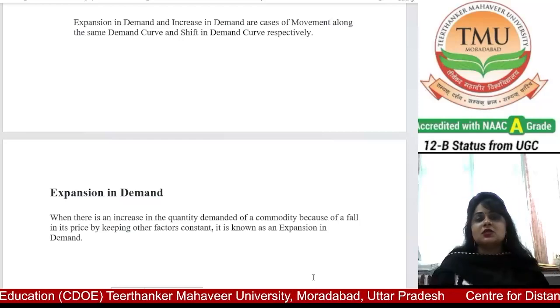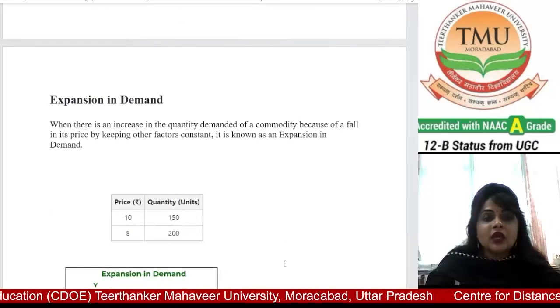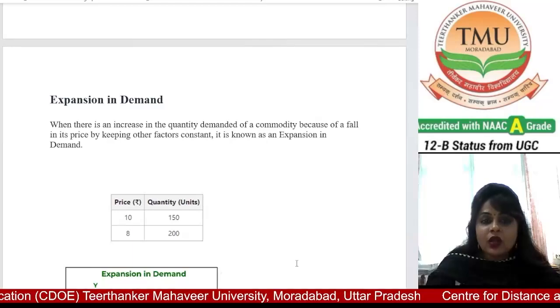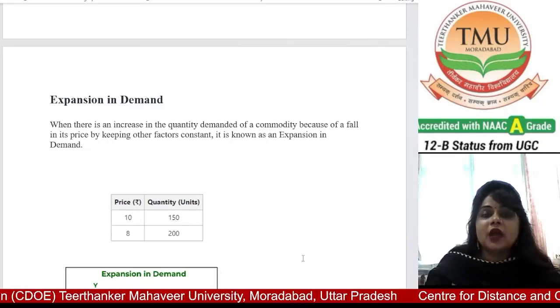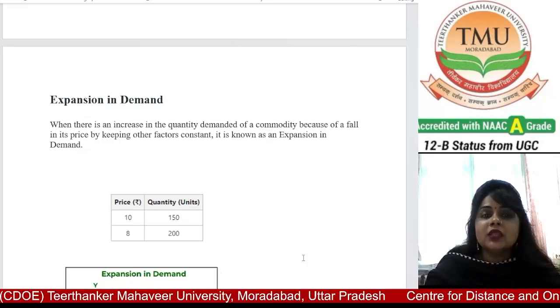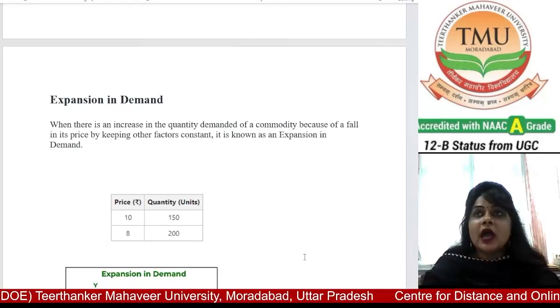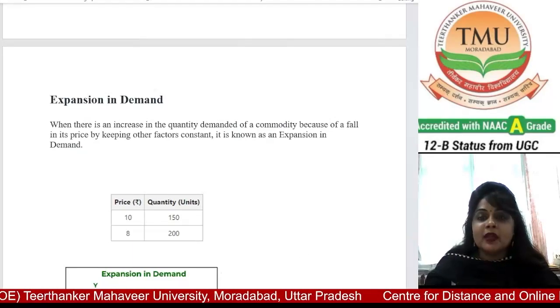In simple terms, the demand for a commodity rises because of a fall in its price. Expansion in demand results in a downward movement along the same demand curve, as you see in the example.